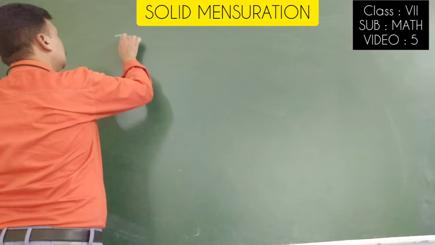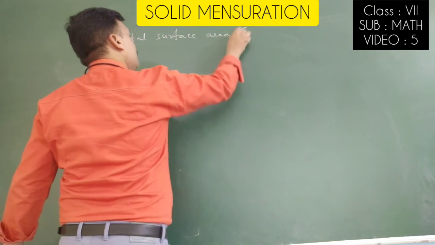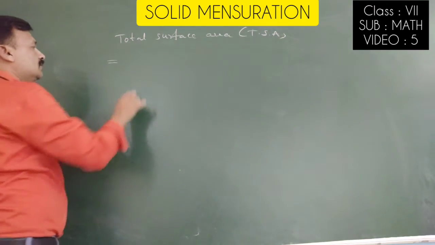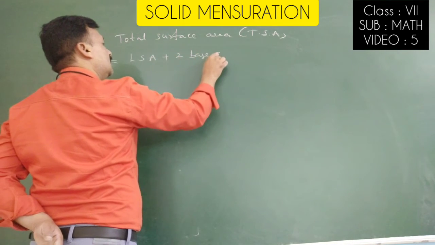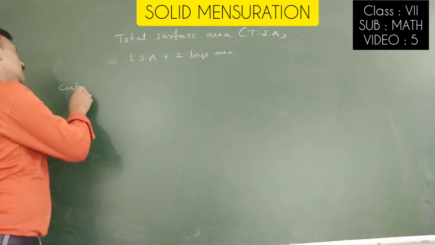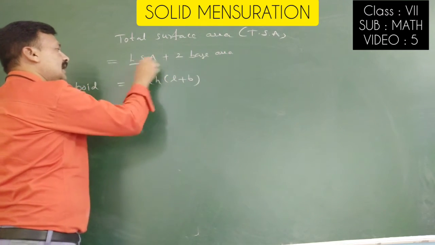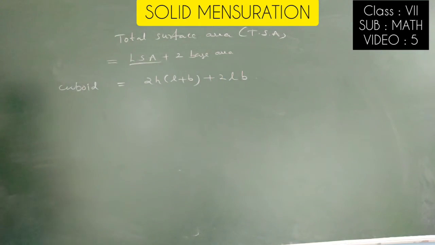TSA of prism is equal to LSA plus 2 times the base area. Now, in case of cuboid, 2H of L plus B is the lateral surface area, plus 2 times LB, which is the base area.